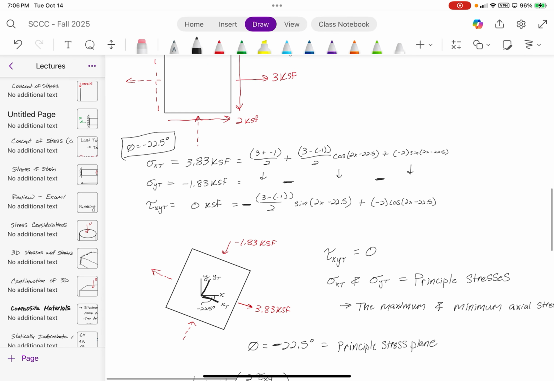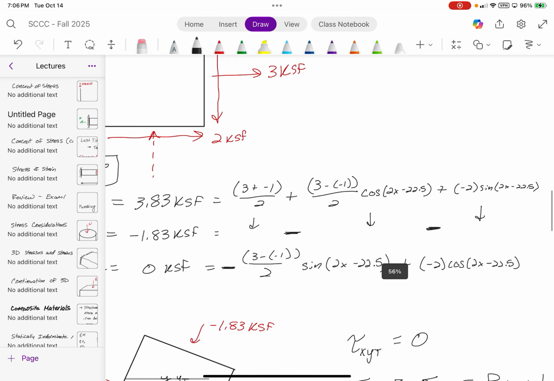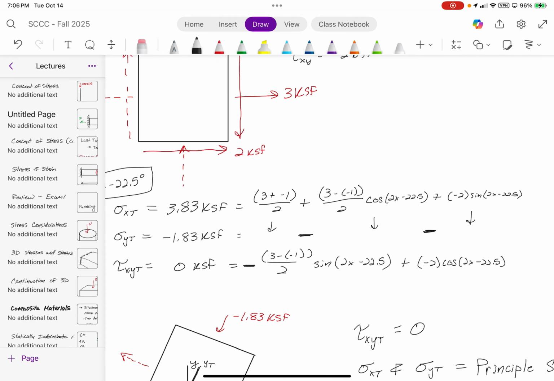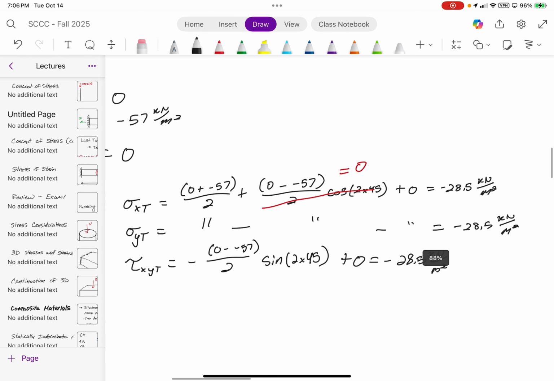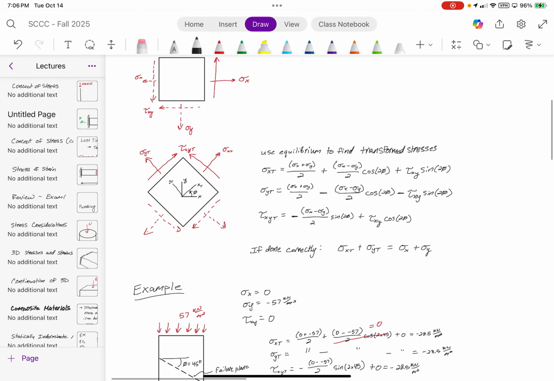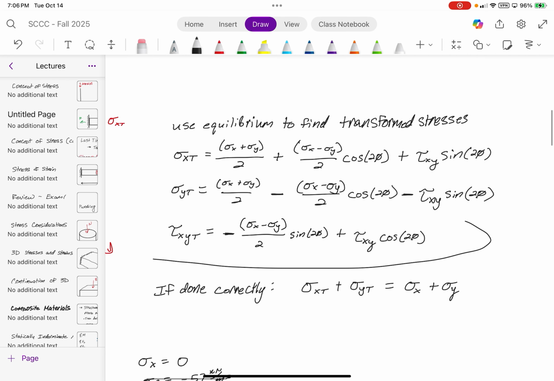And this, in case you're curious, comes from a derivation of this equation here, where you would just let this equal 0. And then you could just solve for theta outright, in which case you would find the expressions that you need.